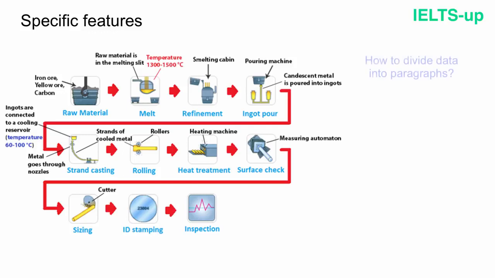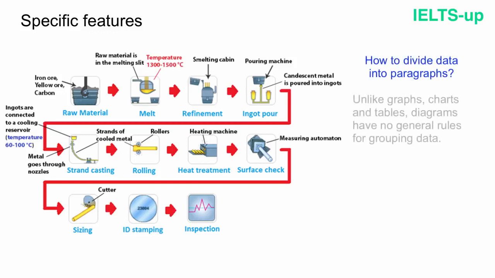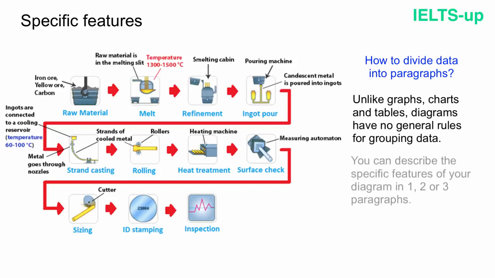You may wonder how to divide data into paragraphs while describing a diagram. Well, unlike graphs, charts, and tables, diagrams have no general rules for grouping data. In fact, you can describe the specific features of your diagram in 1, 2, or 3 paragraphs, grouping the information into paragraphs the way you prefer.